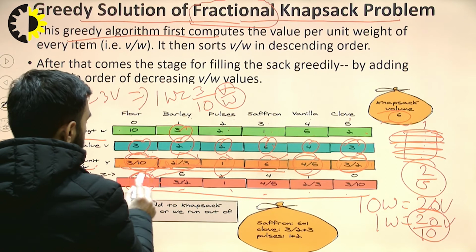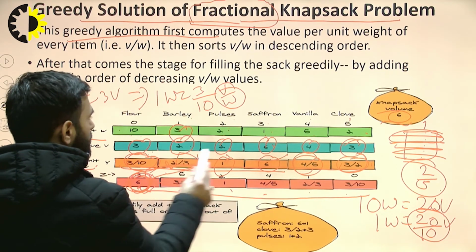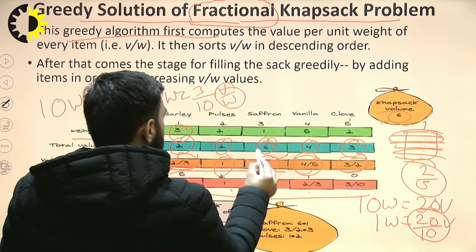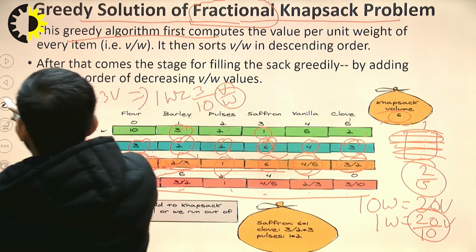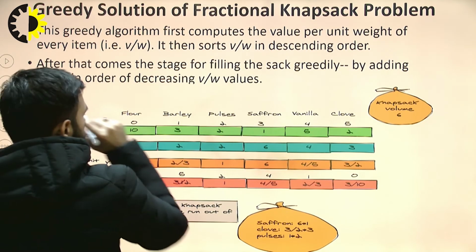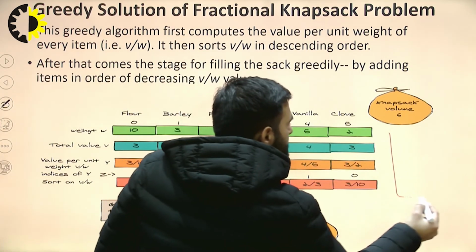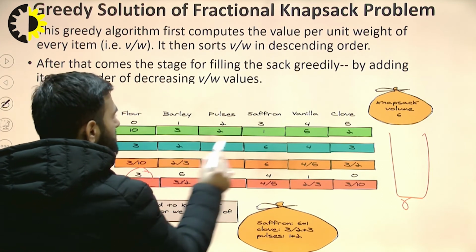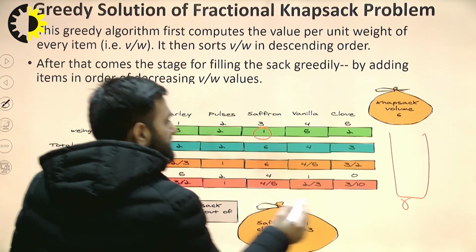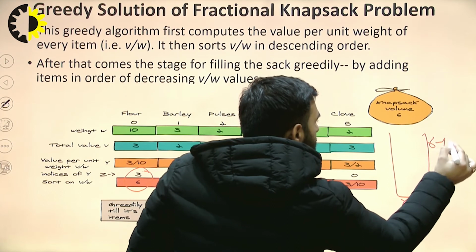We have selected the first particular item, giving the value of 6, weight 1. Maximum weight is 6. We have selected this item number 3, weight 1. It is 6 minus 1.